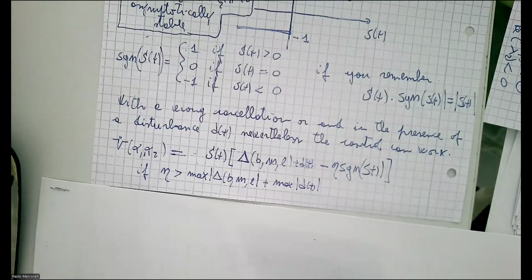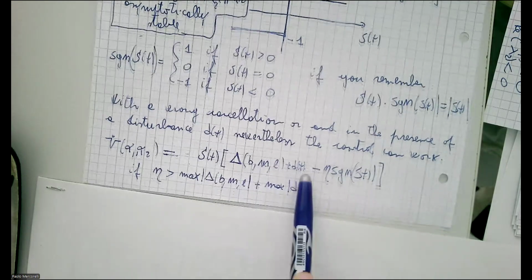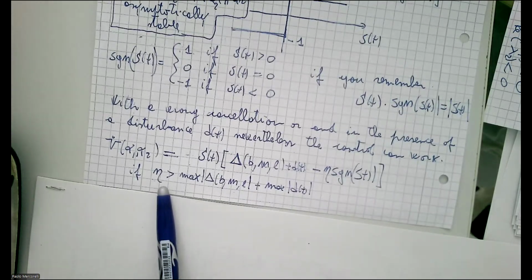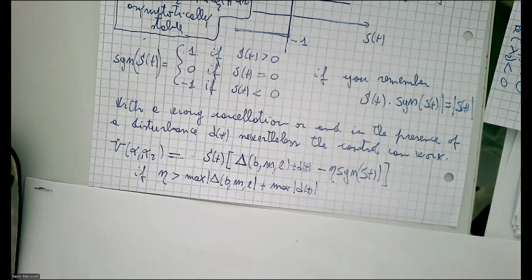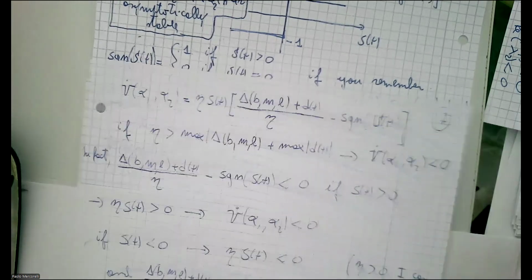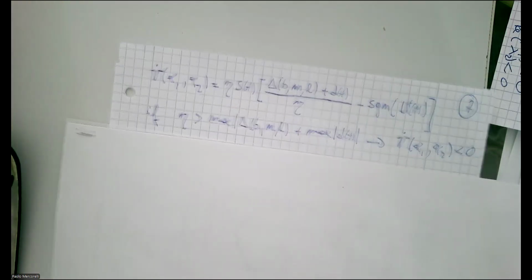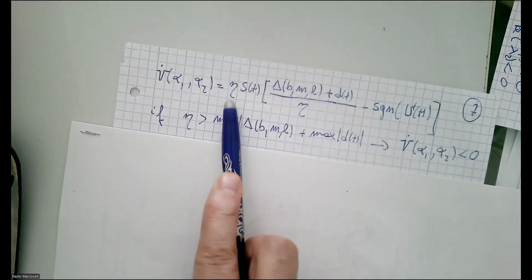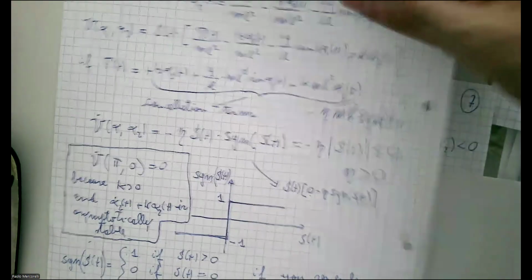Also, the robustness we discussed a lot last time. We can see here a cancellation error, a disturbance. Is this enough, eta larger than this? You remember this? I don't need to explain because the idea is always the same. Last time I told you also much more, but in the slide which I uploaded, you can find exactly the analysis of last time. I put in evidence eta must be positive. I forgot to say, but it's written. I didn't clarify again because it is exactly what we have seen many times.